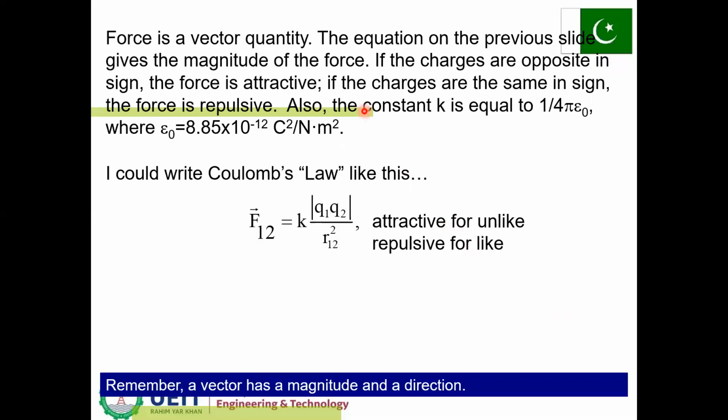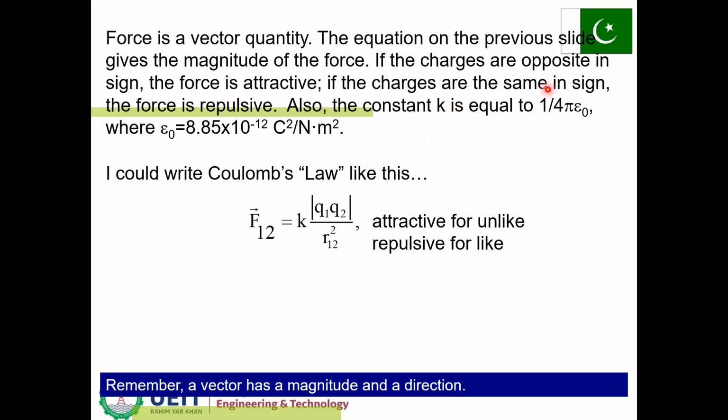Force is a vector quantity. The equation on the previous slide gives the magnitude of the force. In Newton's second law, force is equal to ma, but in Coulomb's law it is K Q1 Q2 over R squared. If the charges are opposite in sign, the force is attractive.